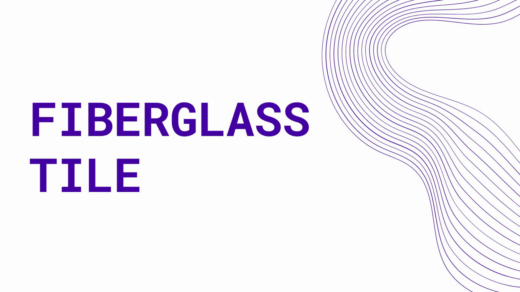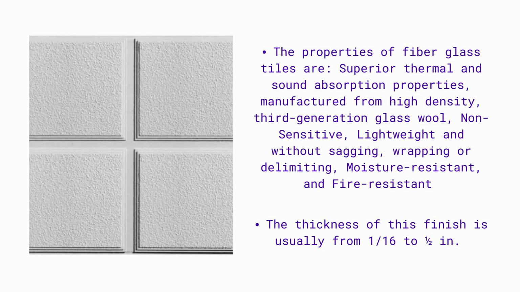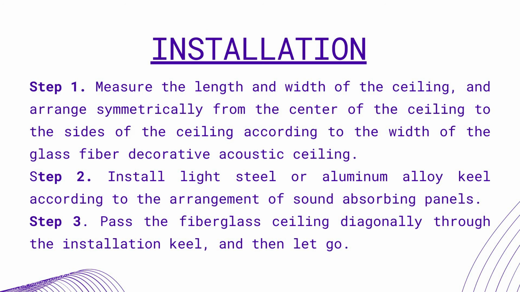Fiberglass tiles for ceilings are usually made from glass fibers in polymer coating and considered to be a low-cost alternative to wood. One common variety is polyester resin fiberglass, a liquid resin polymerized into a solid and resistant to most solvents. Color is usually white.